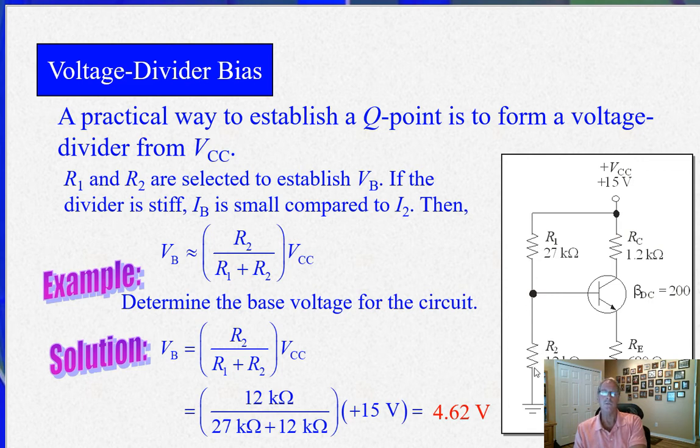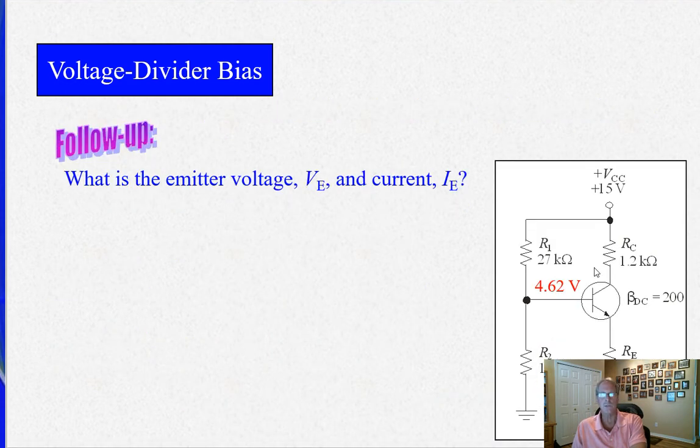Meaning that the currents associated in this branch of the voltage divider kind of outswamp the base current. So it doesn't come into play. That said, we actually do some calculations later on which Theveninizes those resistors and takes it into account.